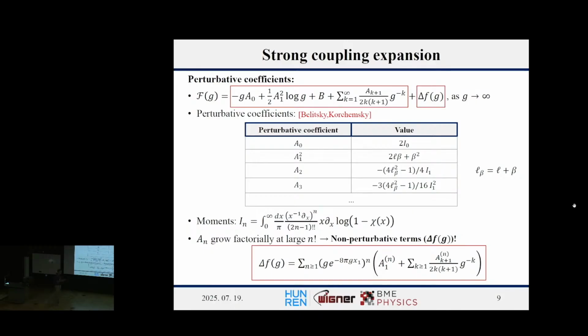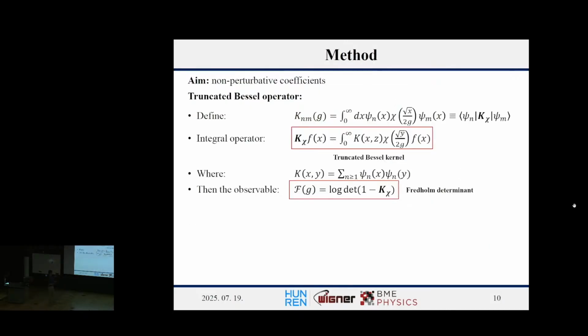It is an infinite series of exponentially small corrections, and at every exponential level you have infinitely many 1 over g corrections as well. So it's quite a huge problem to effectively get these coefficients up to any order, both in the exponentials and in 1 over g.